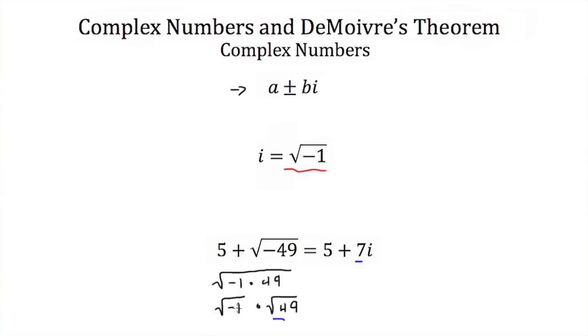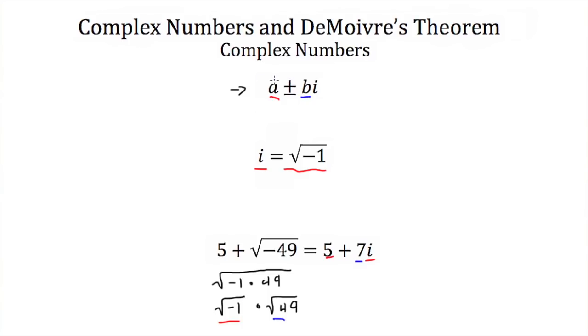And I can't take the square root of a negative number, which is why I removed this square root of -1, because I'm just going to call this i. So in this case, my imaginary number, or my complex number, is 5 plus 7i. My a is 5, and my b is 7.